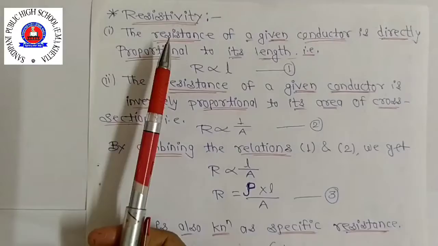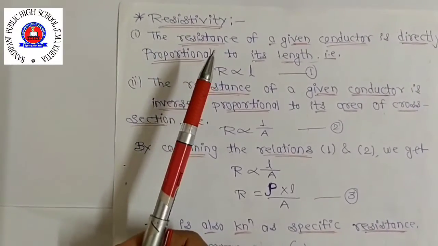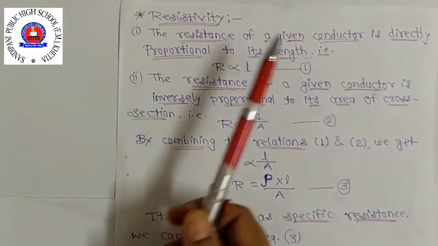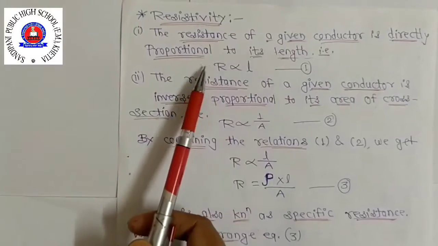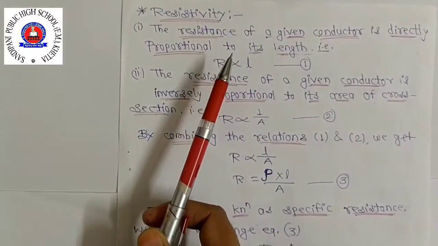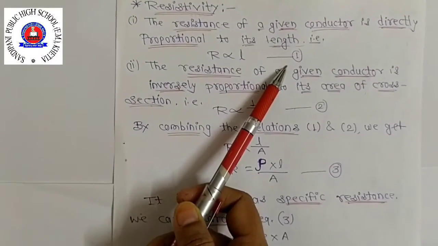Now resistivity. It has been found that the resistance of a given conductor is directly proportional to its length. This is equation number 1.